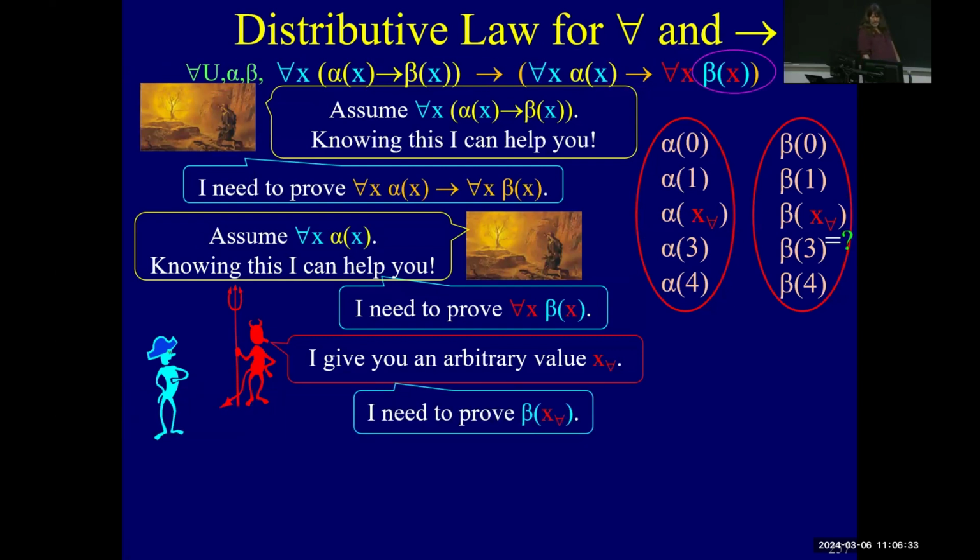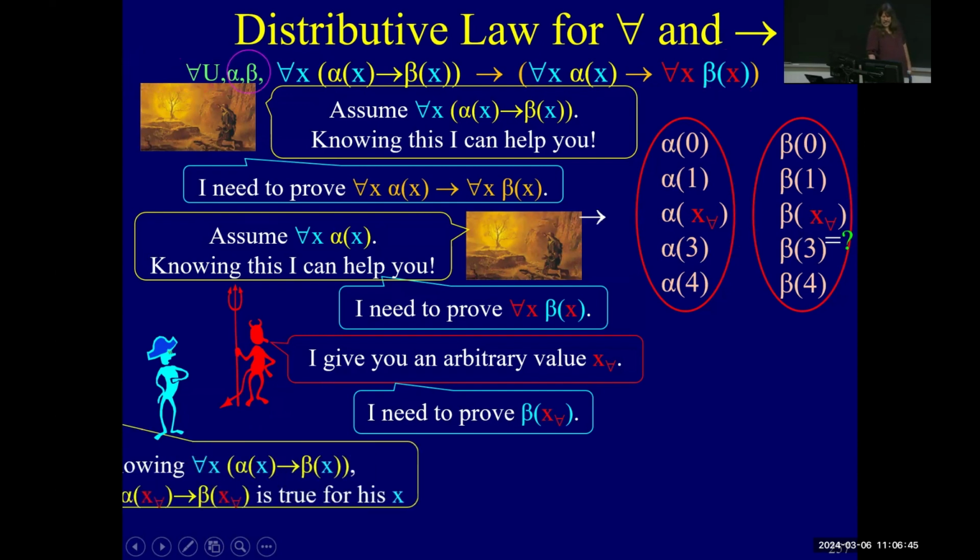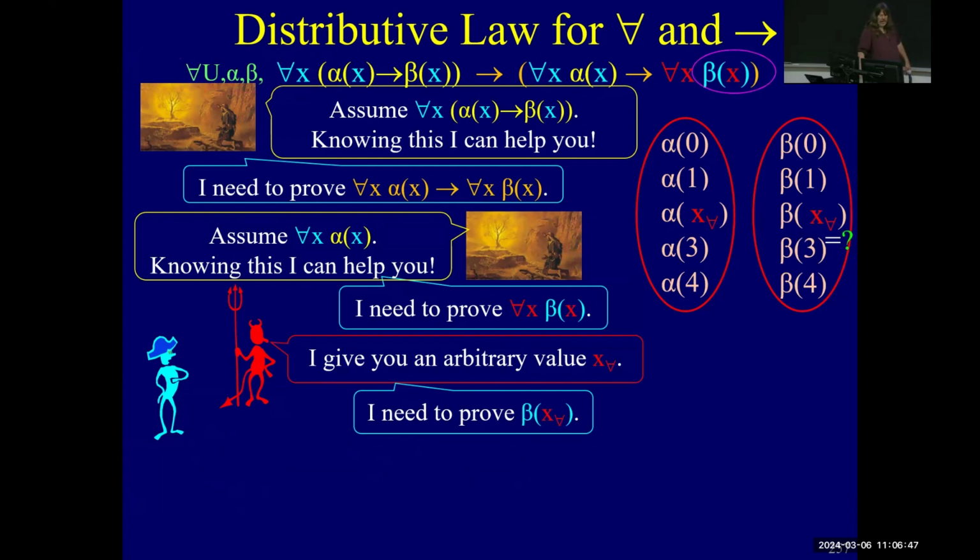All right, now my goal, I guess it was going off the screen, right? So I have to prove that this is true. And how do I do that? Well, I have two oracles, right? I have this oracle and I have this oracle. And both of these oracles are ready to take an object from me, right?